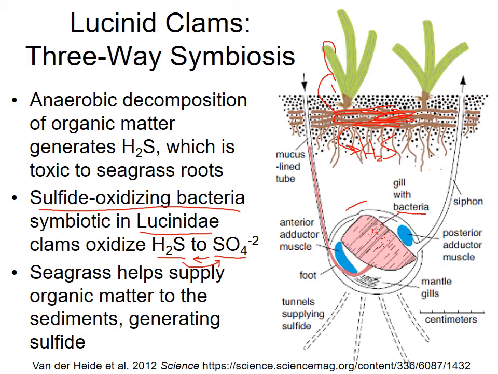So the seagrass would be like poisoning itself by having all this rotting organic matter around it if it weren't for the sulfide oxidizing bacteria, and particularly the clam, which helps the sulfide oxidizing bacteria work faster and reduce the concentration of hydrogen sulfide more.